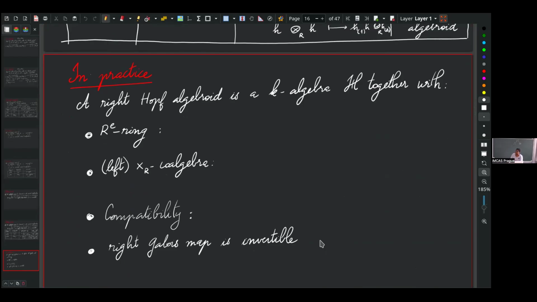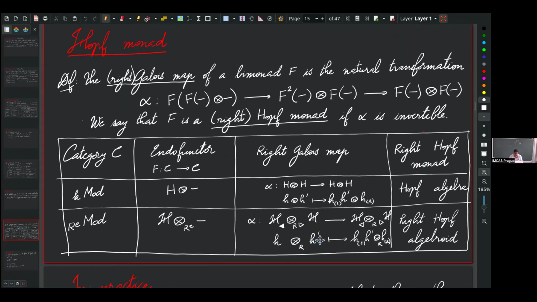So it's a bit more subtle, because even in the algebroid setting, even if the Galois map is invertible, it does not necessarily yield an antipode.